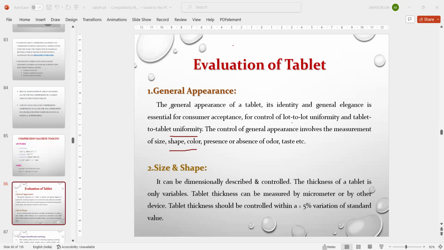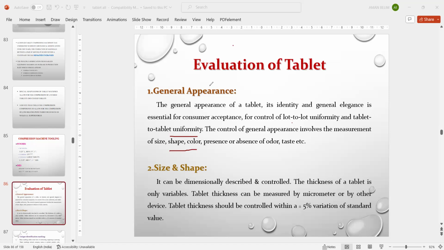Official test means it is recommended by the pharmacopoeia that a particular company has to perform all quality control tests according to the pharmacopoeia, for the approval of that tablet product. But in case of non-official tests, it depends on the company whether they want to perform that particular test or not. Okay, so those are the non-official tests.